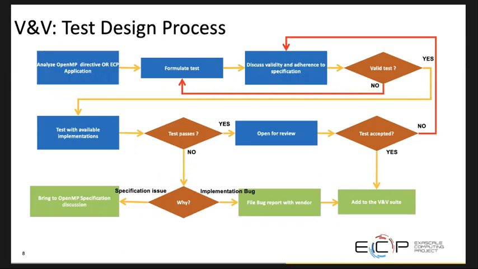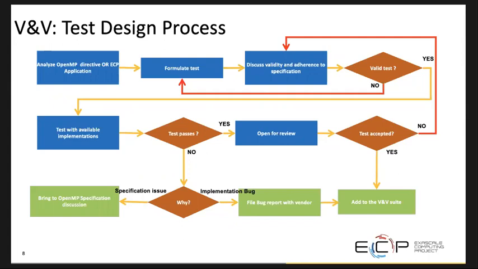We try to make our functionality tests as concise and precise as possible, or try to extract the kernel from an ECP application, or for that matter any application that comes to us, so that we can show the critical OpenMP features that need to be tested.